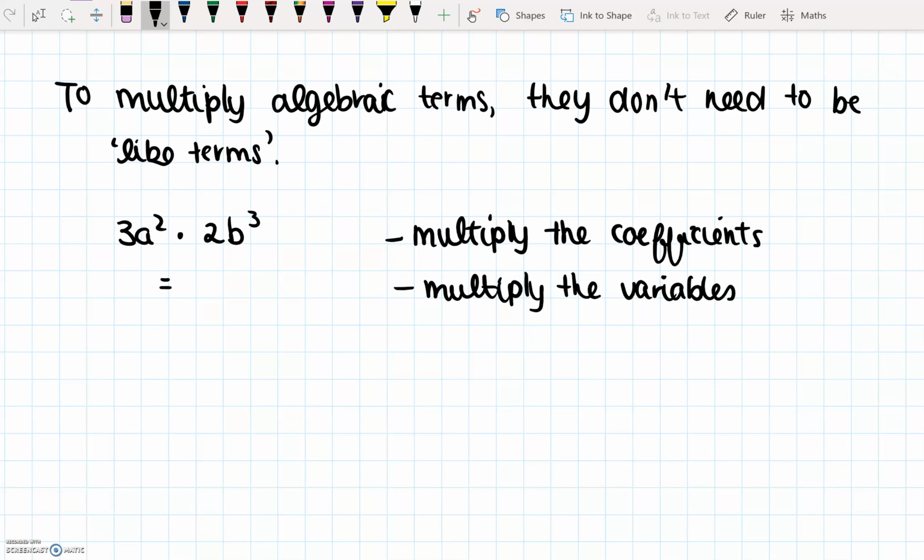So 3 times 2 is 6, and a squared times b cubed is just a squared b cubed. So when we're multiplying, they don't need to be like terms, and this also counts for division. Now I'm going to leave it at that. We will go into more detail on multiplying shortly, because there are some rules that we have to follow with multiplying as well.